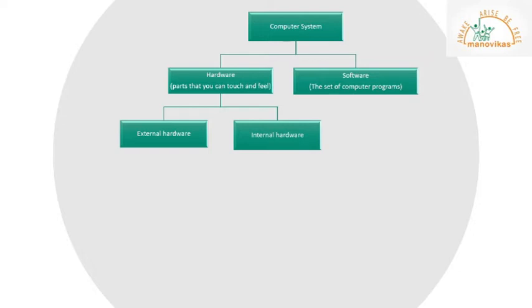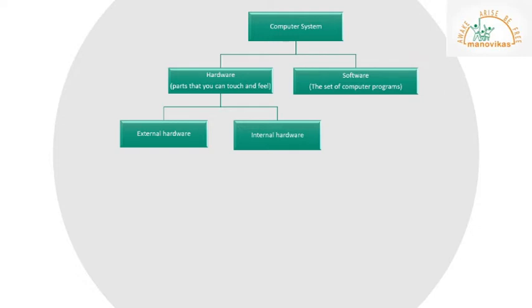External hardware is the hardware which we can see, which is outside the CPU, like your mouse, your keyboard and the monitor. All these are part of external hardware. Whereas internal hardware is basically inside the CPU.